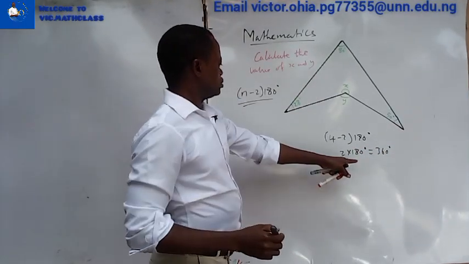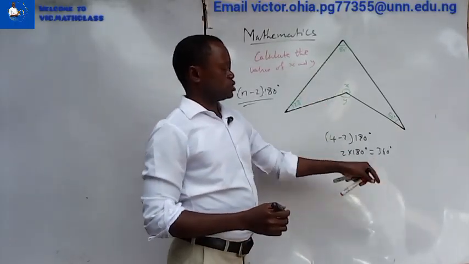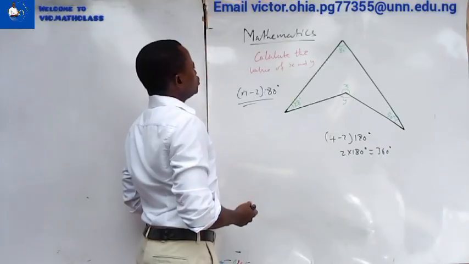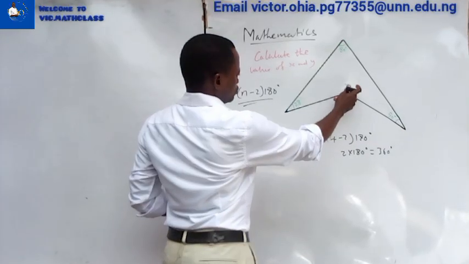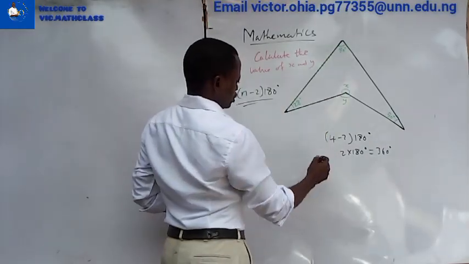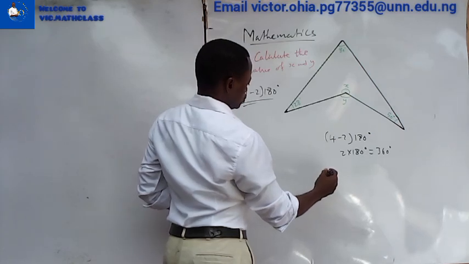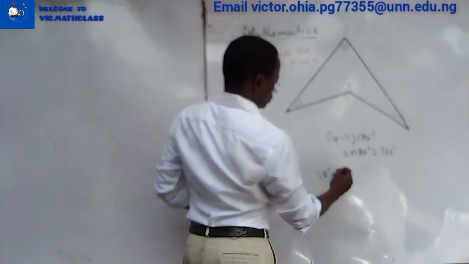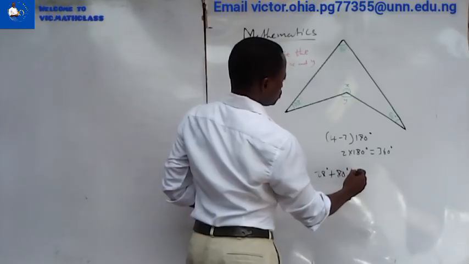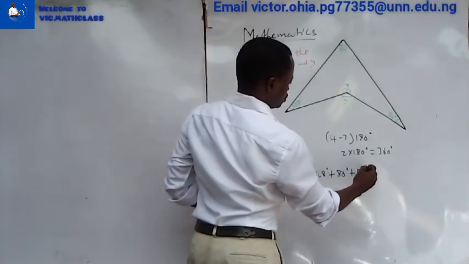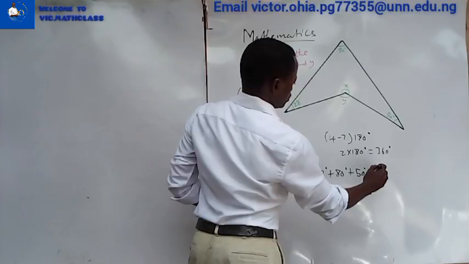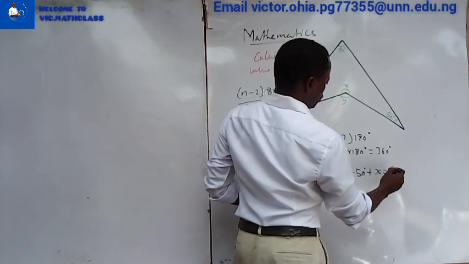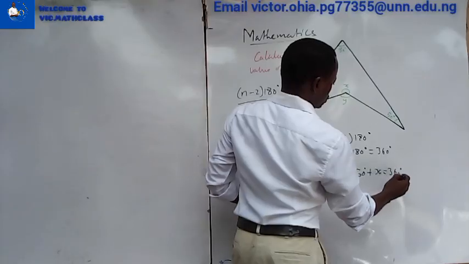So you realize that the sum of the interior angles is 360 degrees because it's a quadrilateral. All right. Now, what again are we going to do to find x? We can then add these values of those angles. We have 28 degrees plus 80 degrees plus 50 degrees plus x. All this will give us 360 degrees.